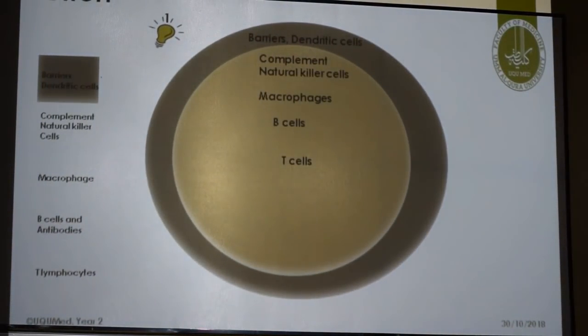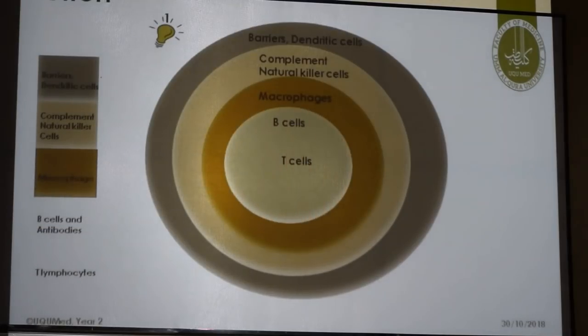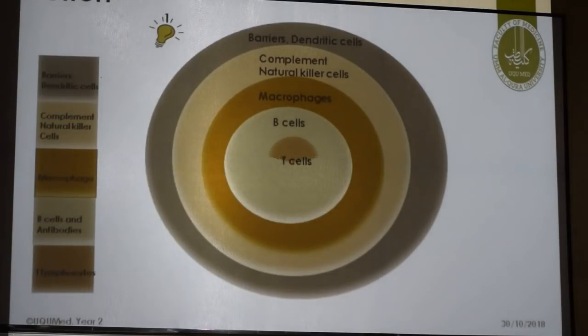The important point to understand is that then the macrophages come, B cells, and finally the T cells. They are overlying each other. Each domain exists at all times during an immune response. It's not like the barriers will work and then stop working and then something else will take over. No. All the domains are working simultaneously.